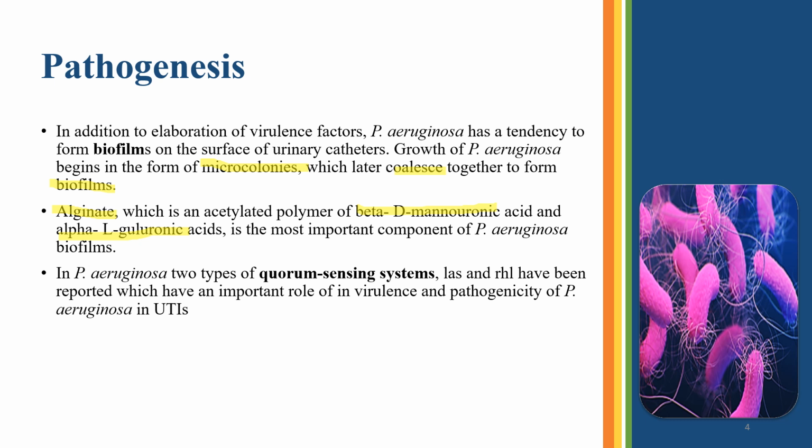In P. aeruginosa, two types of quorum sensing systems, LAS and RHL, have been reported, which have an important role in virulence and pathogenicity of P. aeruginosa in UTIs. We know quorum sensing systems are vital for bacteria to communicate and for biofilm formation.